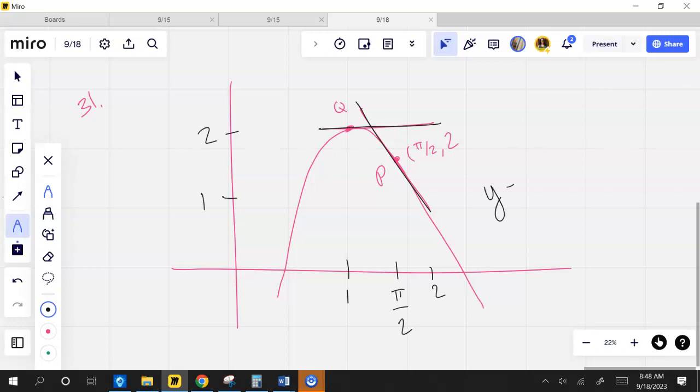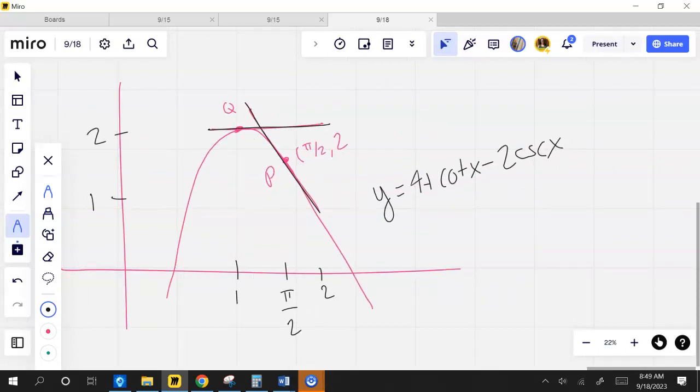This is the graph of y equals 4 plus cotangent x minus 2 cosecant x. Two things here. I want an equation of the tan line at P, and I want the horizontal tan line at Q. Marks that guy.